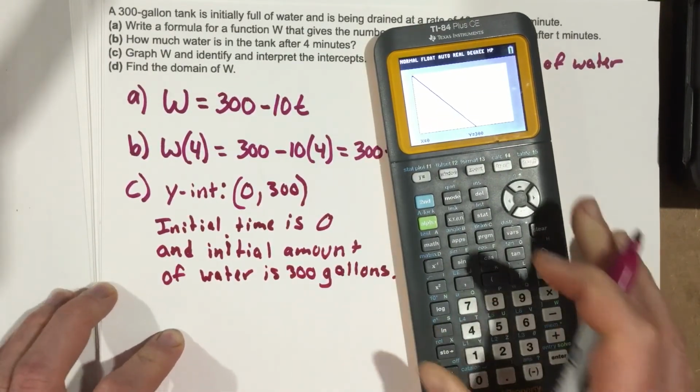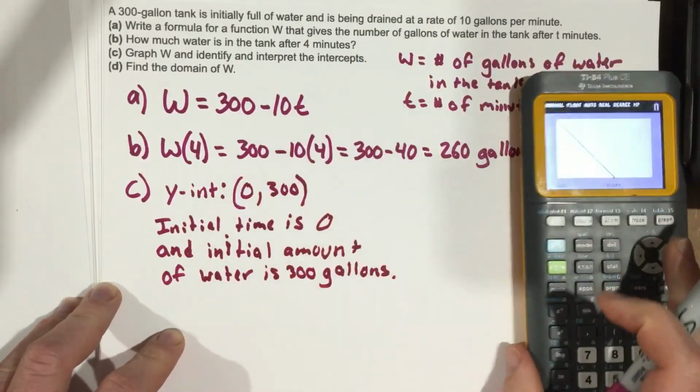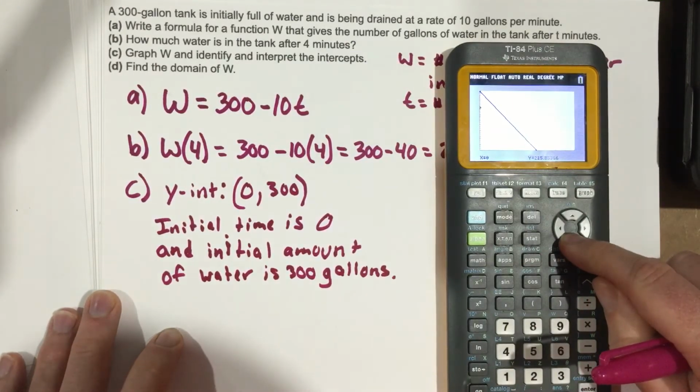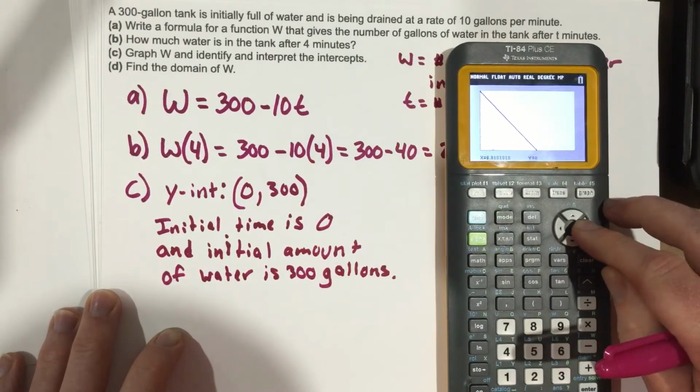So that's part C, or at least part of part C. Now they say identify the intercepts. Well, we just got the y-intercept. Let's go ahead and scroll down, and let's go ahead and get the x-intercept.